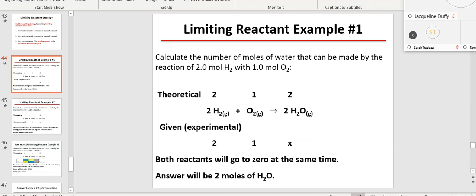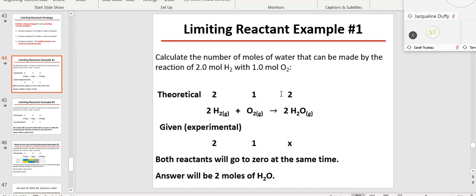What we're going to do now is determine which one we're going to run out of first. This is my theoretical molar ratio right here. This is my experimental, what I'm giving you. So if I give you 2 moles of hydrogen, and 1 mole of oxygen, how much of this am I going to make?